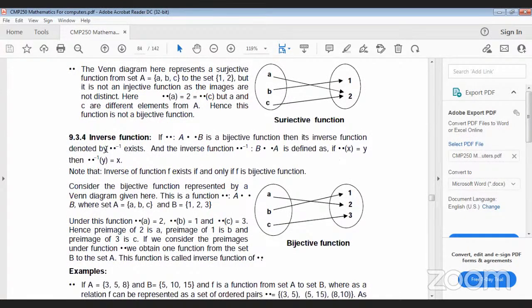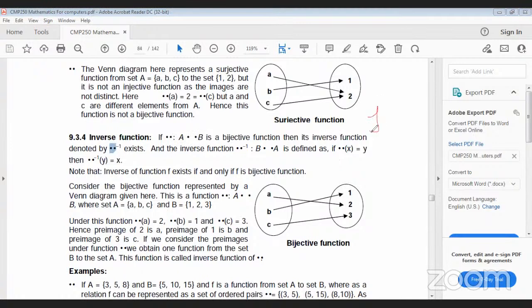Okay, you have inverse function also. Now, the first condition for being an inverse function is that it should be a bijective function. Means it should be one-one and onto. Compulsion. Then only it will become an inverse function. And these two dots are nothing but f.